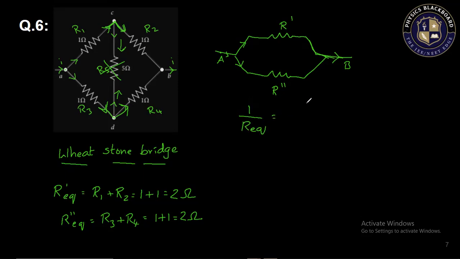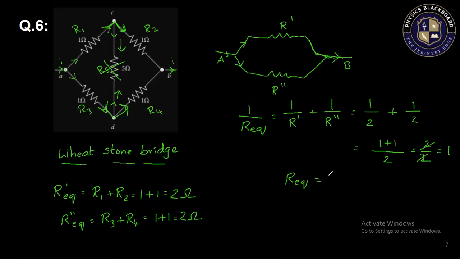So 1 by R equivalent is equal to 1 by R dash plus 1 by R double dash, that is 1 by 2 plus 1 by 2. The denominator is the same, so I will add the numerators, that is 2 by 2, 2 ones, right? You will get 1. If you take the reciprocal of 1, you will get the same, that is 1 ohm. 1 ohm is the equivalent resistance.